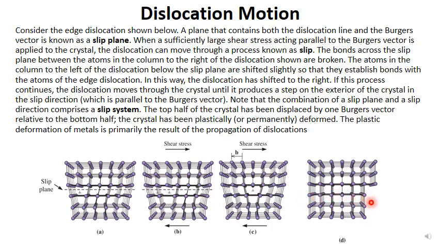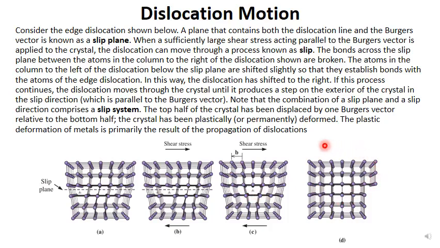If this process continues, it will end with kicking the dislocation line out of the crystal, changing the shape of the crystal from this shape to this shape. This process is called dislocation slipping.